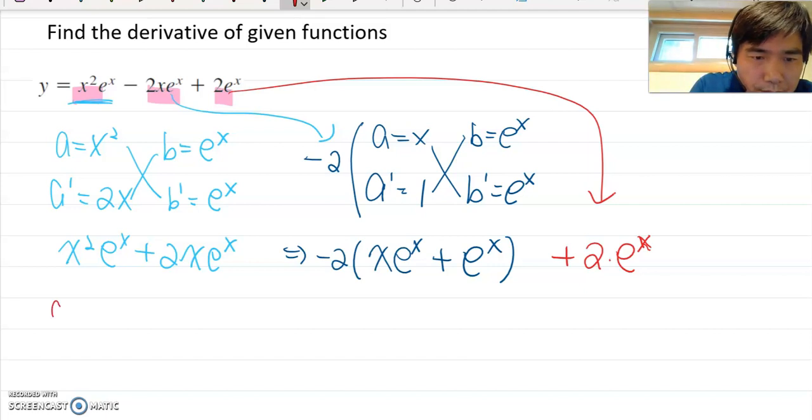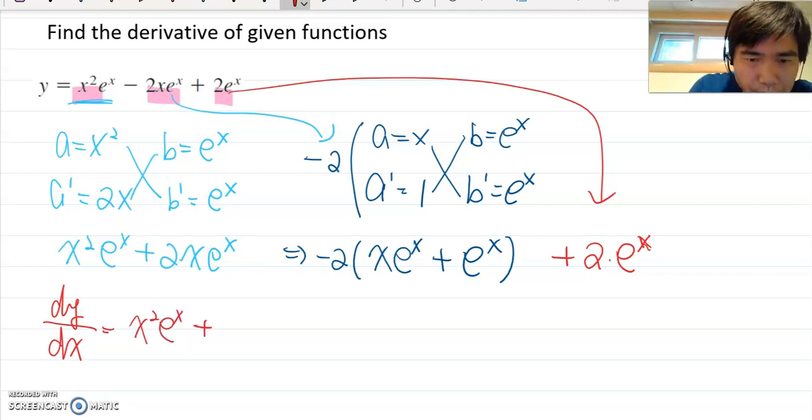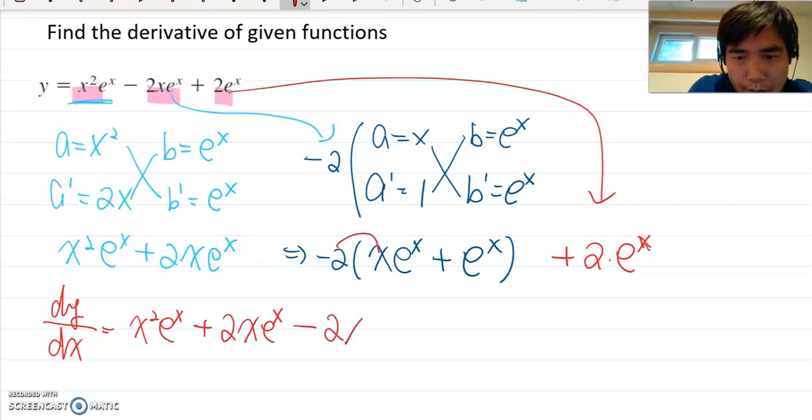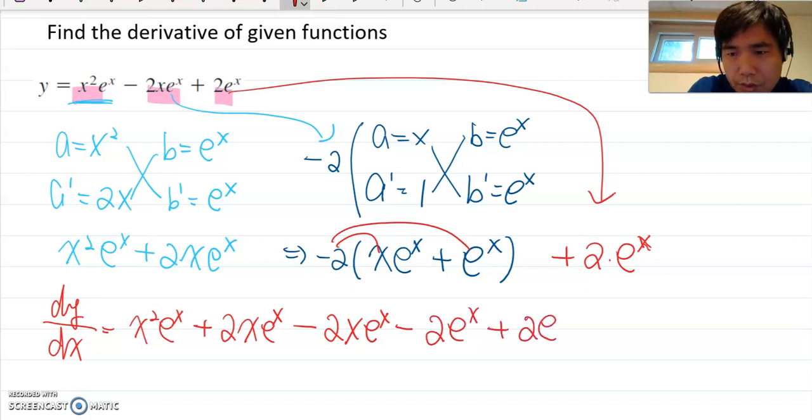So dy over dx becomes x squared e to the x plus 2x e to the x minus 2x e to the x minus 2 e to the x and plus 2 e to the x. Okay, so now I want to find out any common factor we can simplify.